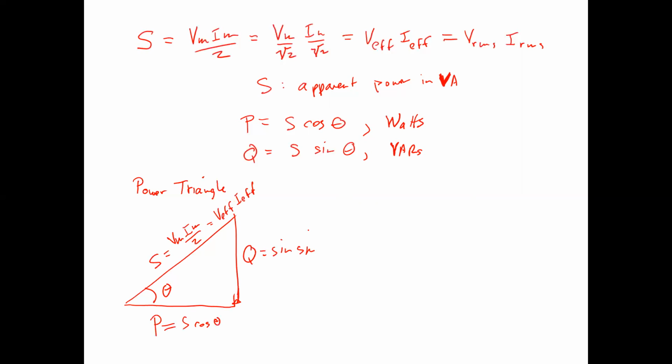Oops, S sine of theta, not sine of theta. What does it say after the comma, after equals S sine theta? VARS. Yeah, VARS. That's the unit of reactive power. It stands for volt amp reactive.